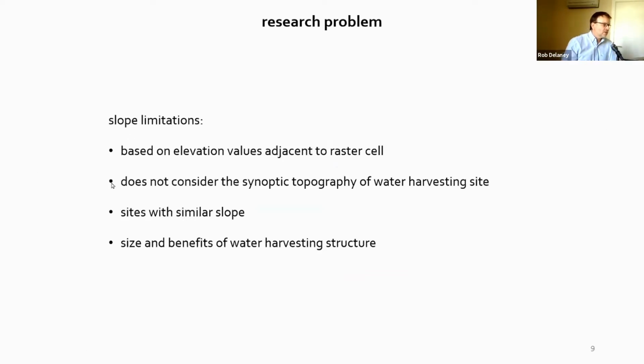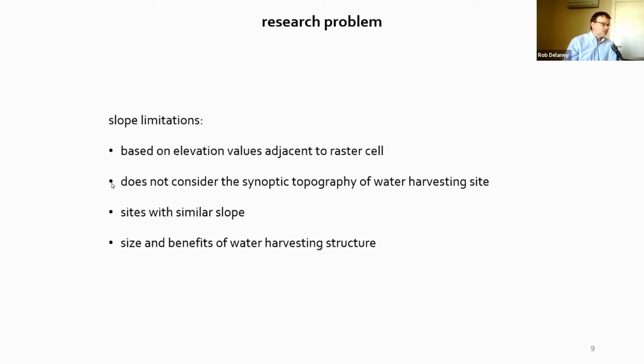The slope value is just for one particular raster cell. It just takes into account the adjacent cells, the 8 surrounding cells of any one cell. So it's not giving you a bigger picture of what the water harvesting barrier may be. It doesn't consider the synoptic topography of the site.